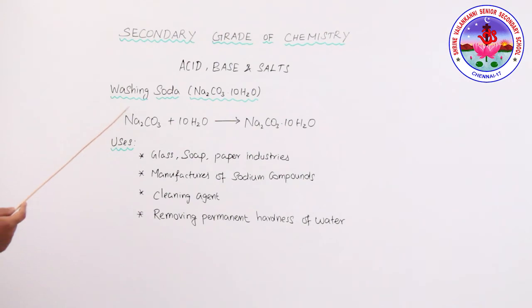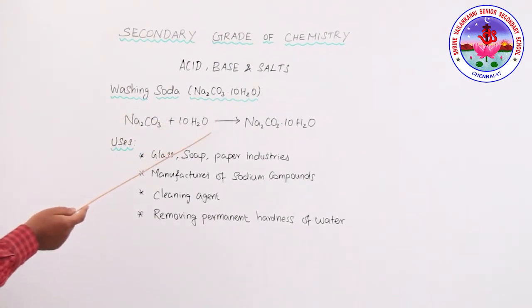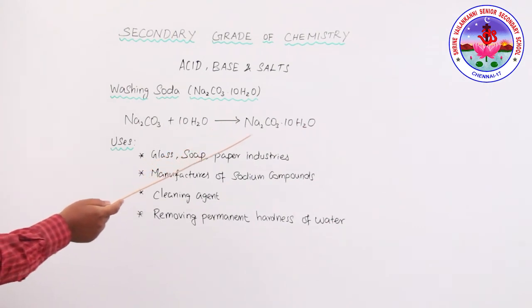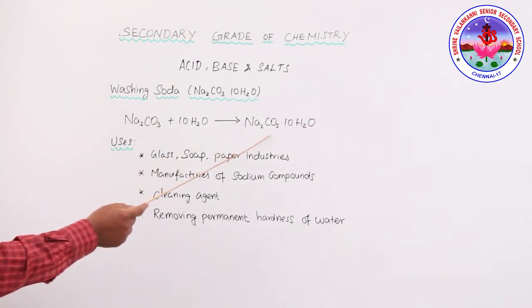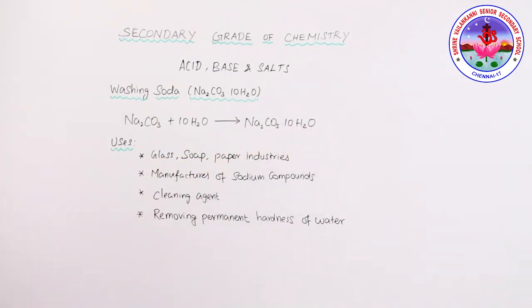Here, sodium carbonate Na2CO3 reacts with 10 moles of water. On heating, you will get Na2CO3.10H2O. This is called washing soda. Now, where is washing soda used? It is used in glass, soap and paper industries.